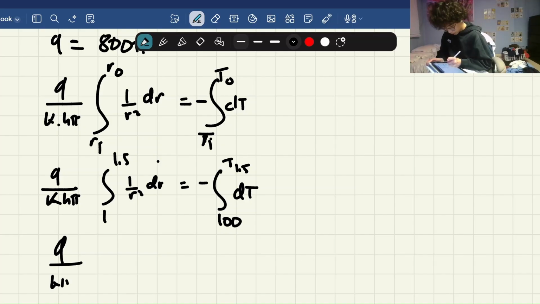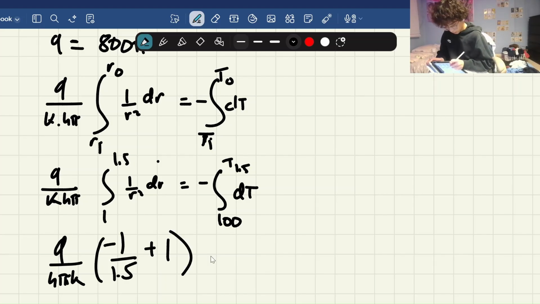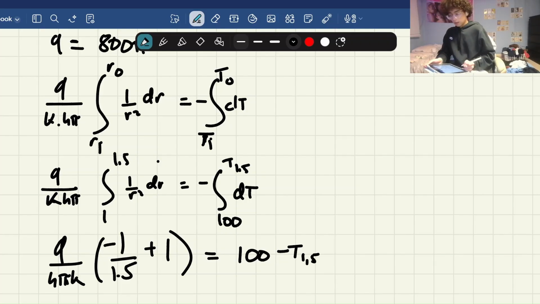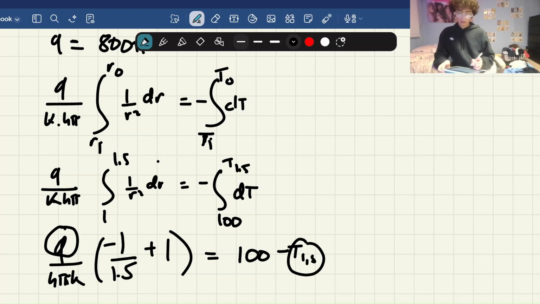So let's see, Q over 4 pi k times (1 minus 1/1.5) equal to 100 minus T at 1.5. So right now we have this unknown variable Q and the unknown T at 1.5.